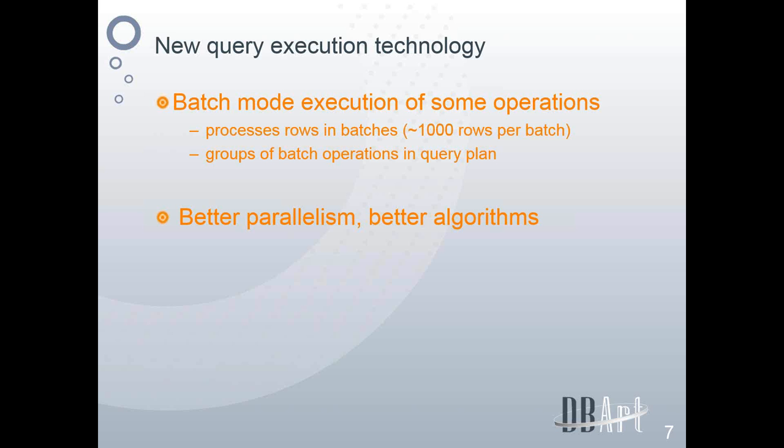The new execution mode, which works only with Columnstore indexes, is batch mode, which processes rows in batches or vectors, consisting of about 1,000 rows per batch. It doesn't mean that you have only this work mode with the Columnstore index.